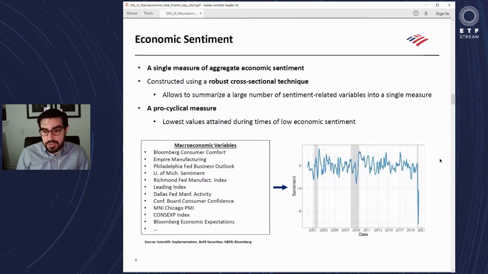The third measure that's constructed using this methodology is that of economic sentiment. Again, we're starting from a set of macroeconomic variables. Those macroeconomic variables are distilled into a single measure, and that single measure is used in the rest of our analysis and our framework, and it gives us an idea about where we stand in terms of aggregate economic sentiment.